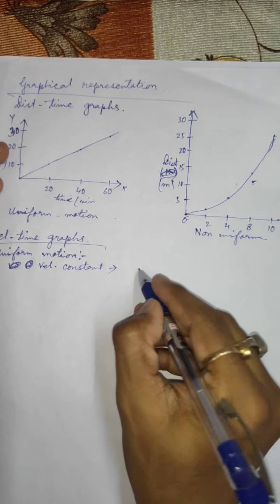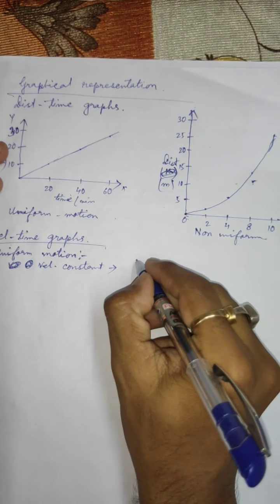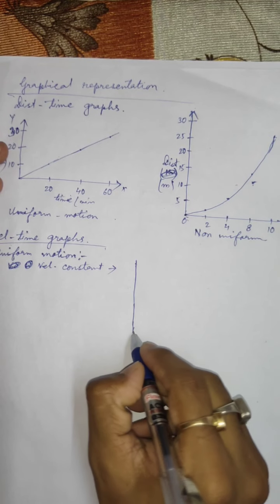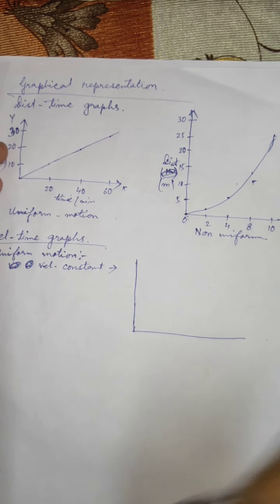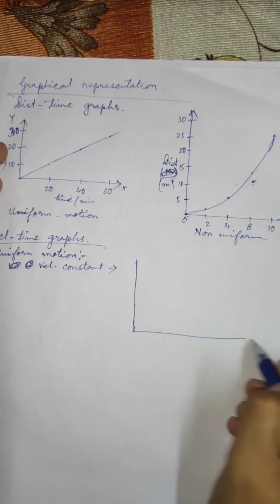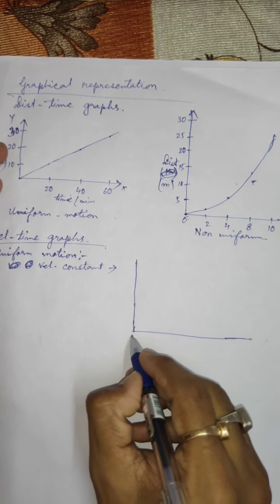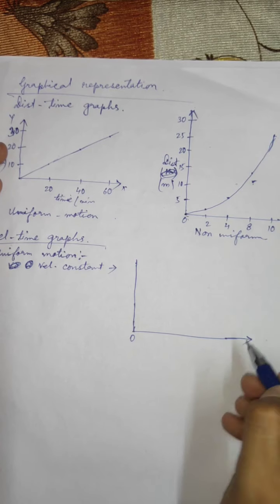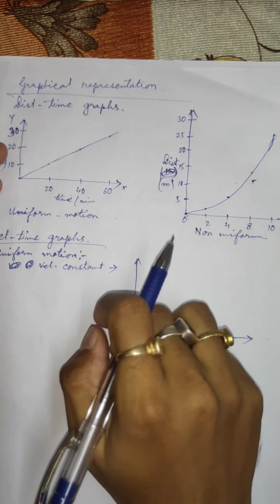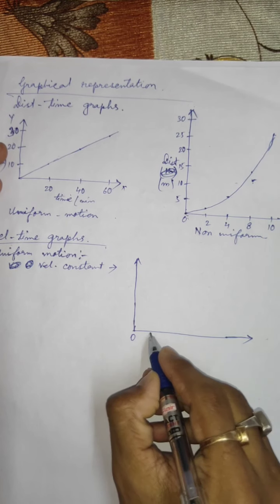When the velocity is constant, the diagram will be like this. In this case we shall take the time on the x-axis and velocity on the y-axis.